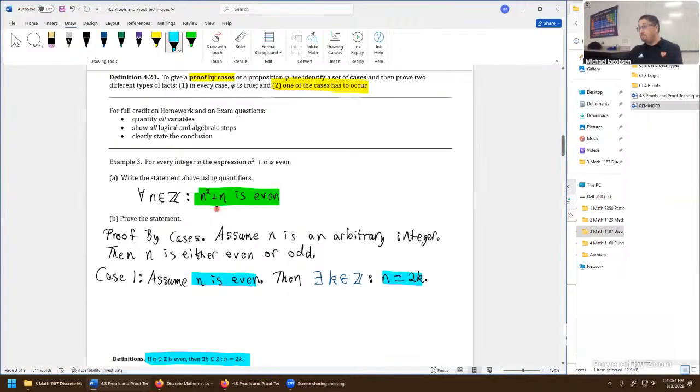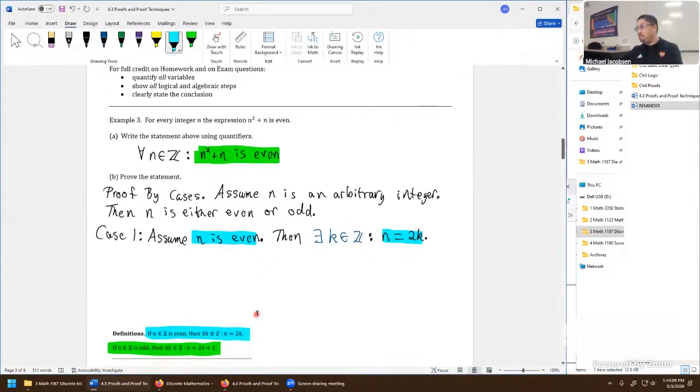Now we have to come back here. We need to now show next n squared plus n is even. But that's not so bad. We have something to work with algebraically. We can substitute inside here 2k and square it, add 2k. So that's our next step.